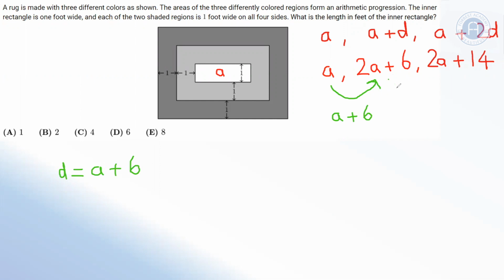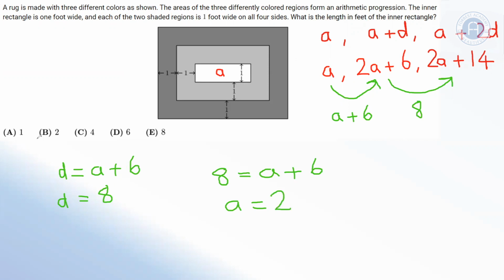And in the second step, we've gone from 6 to 14, so we've increased by 8. So we also know that D must equal 8. If D equals A plus 6 and D equals 8, if we set them equal to each other, we're going to get an answer that A is equal to 2, which is our answer, B.